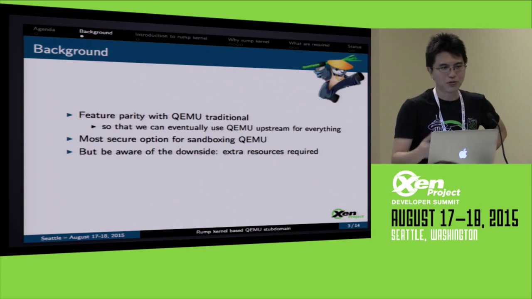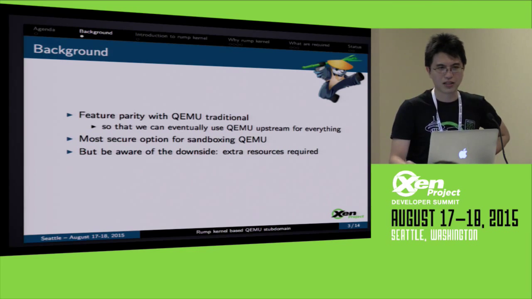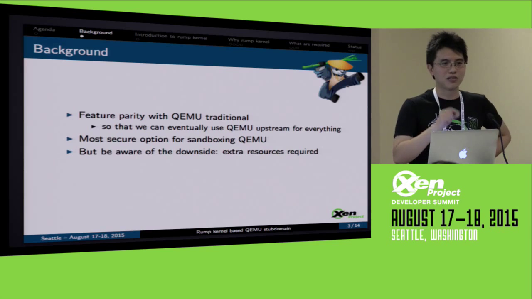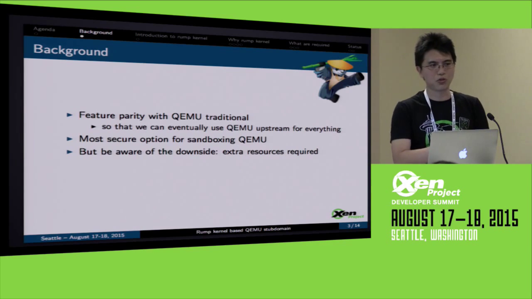Because if you run it in a QEMU subdomain, you do need to allocate some extra resources for that. And sometimes it makes it harder for service providers to model their product because sometimes you need to know the implication of scheduling and the implication of resource requirements.